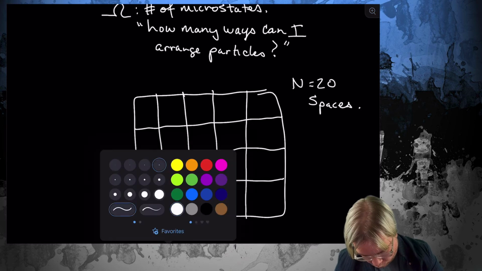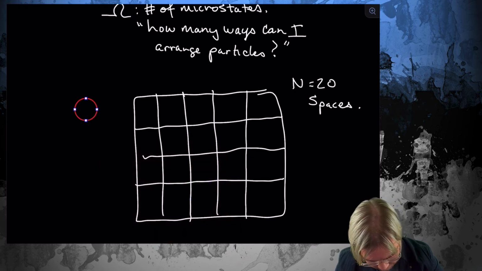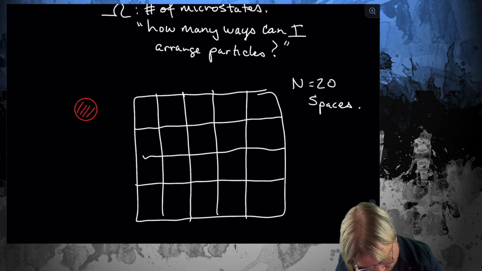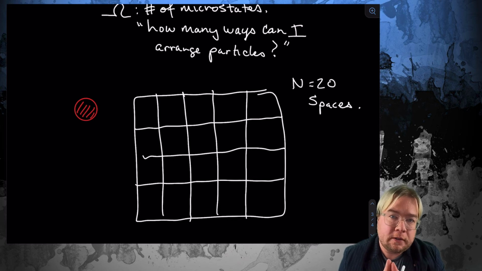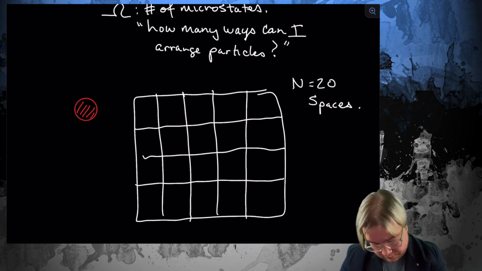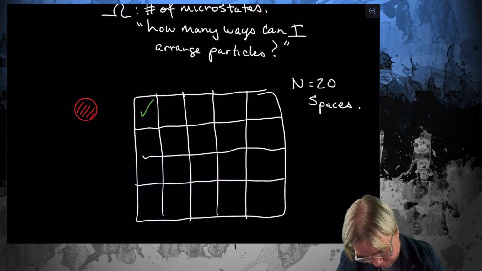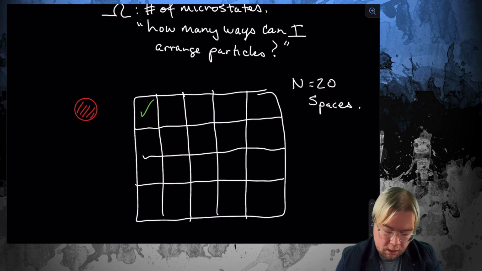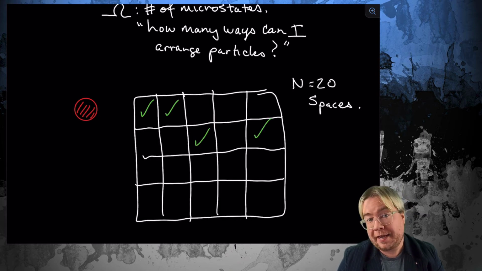Let's say that I've got one particle, and I want to figure out how many ways I can place that one particle in the system. Well, we can count. I could put it here, or here, or there, or there, and I could keep counting.